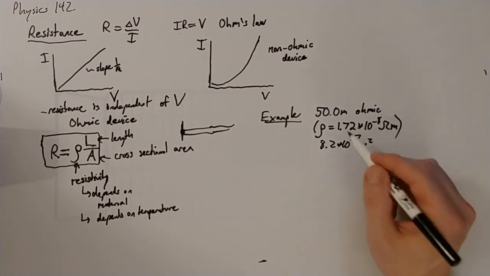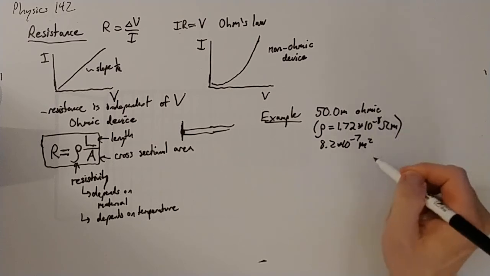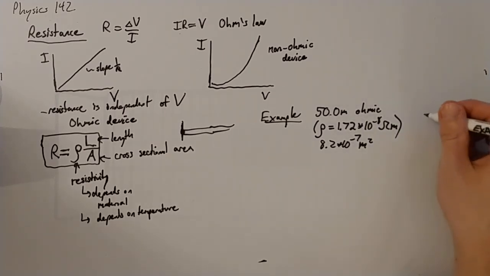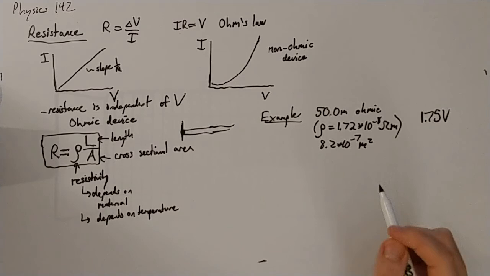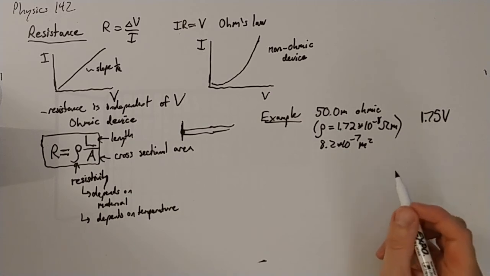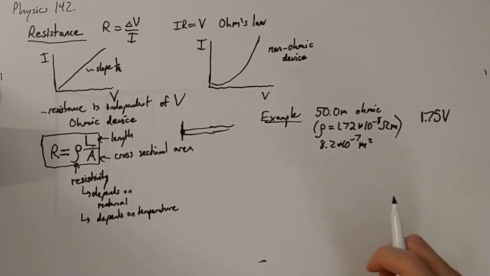And let's connect this wire here across a battery that has a potential of 1.75 volts. All right, so we're going to connect our wire across a 1.75 volt battery. And the questions I want to ask are, what is the resistance in our circuit?